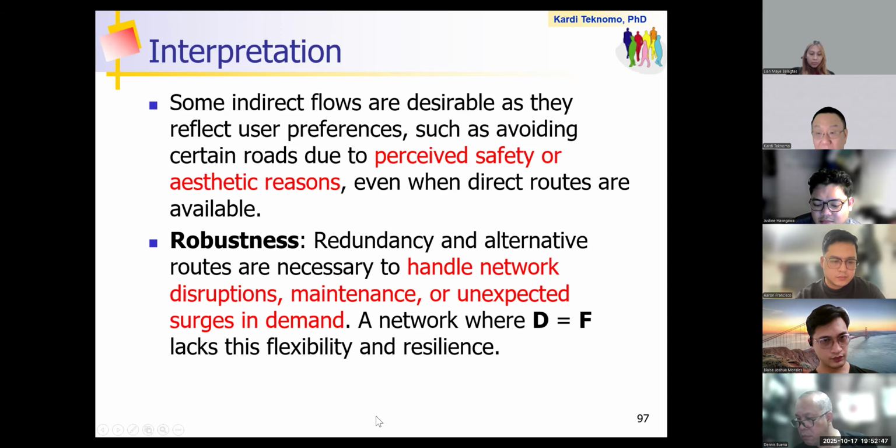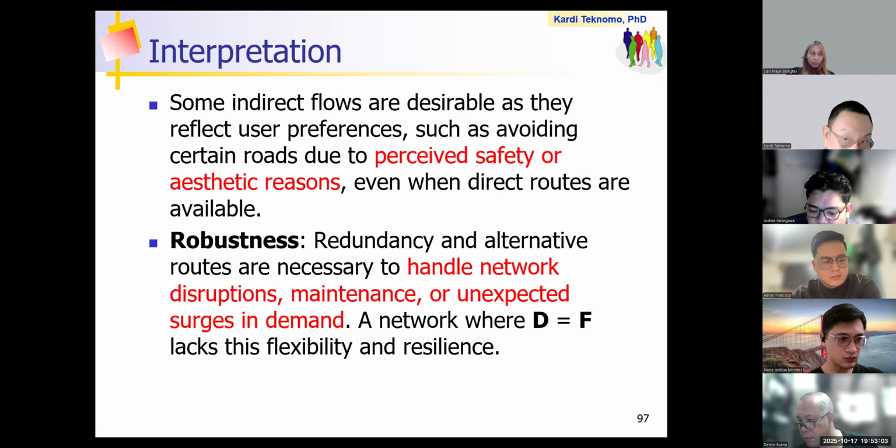So if you have redundancy in your network, meaning there is an alternative route, that means your network is robust if there is a network disruption, for example demonstration, fire, whatever, or maintenance. Or expect a flood, probably in Metro Manila, so many floods.